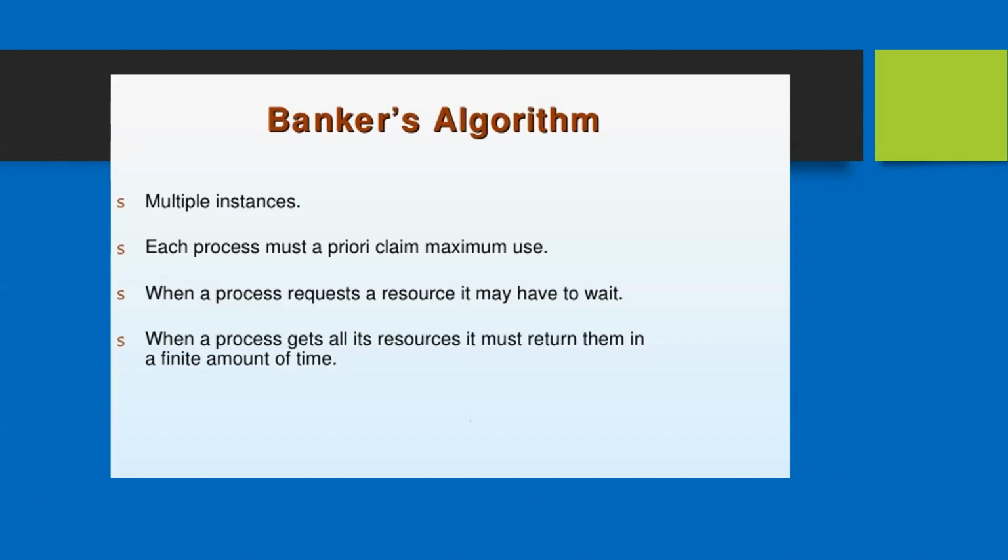Suppose there are n number of account holders in a bank and the total sum of their money is S. If a person applies for a loan, the bank first subtracts the loan amount from the total money the bank has, and if the remaining amount is greater than S, then only the loan is sanctioned.